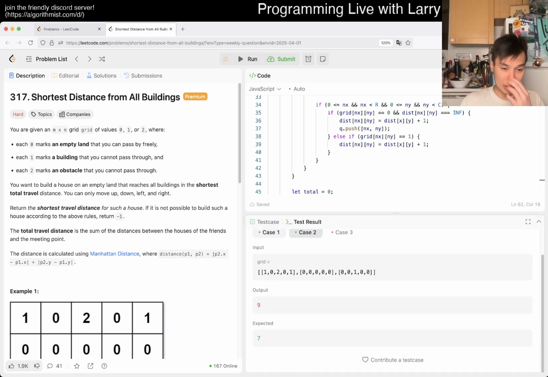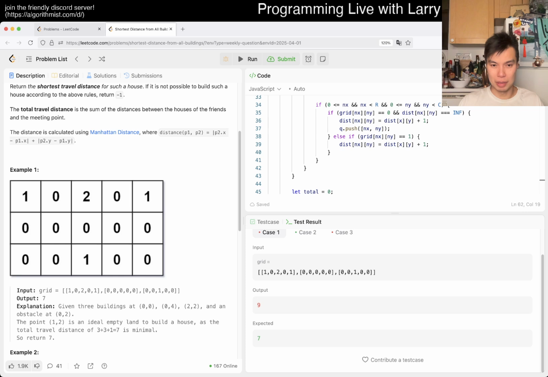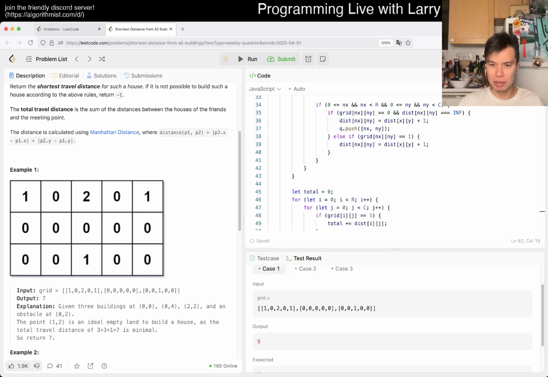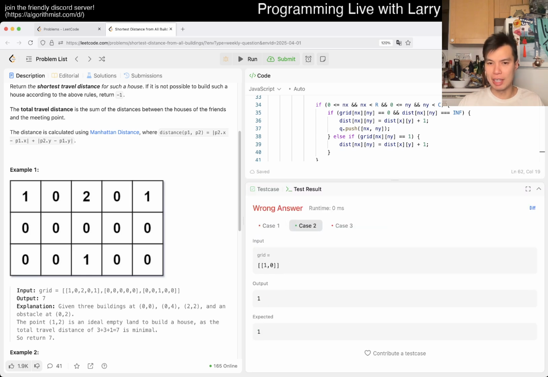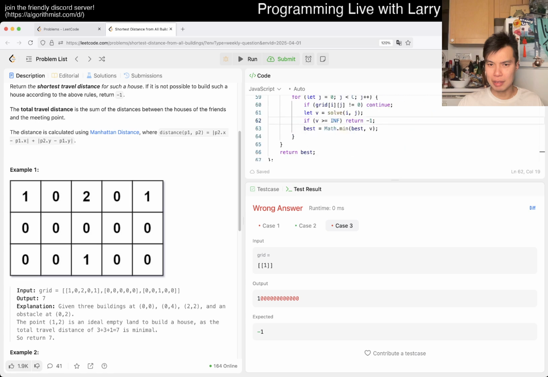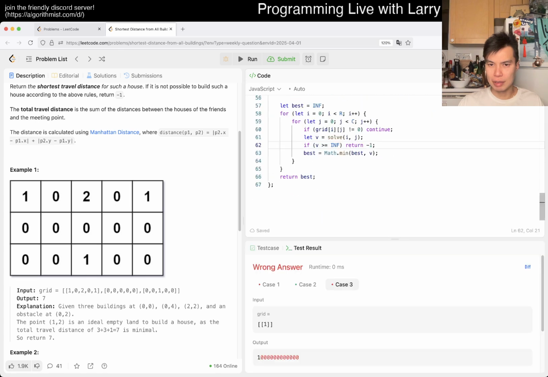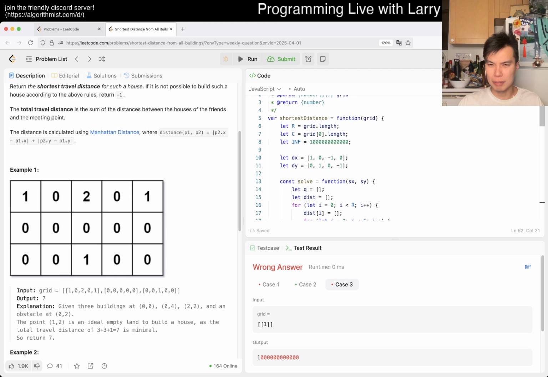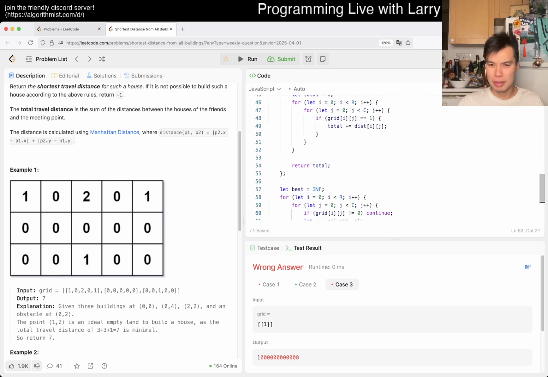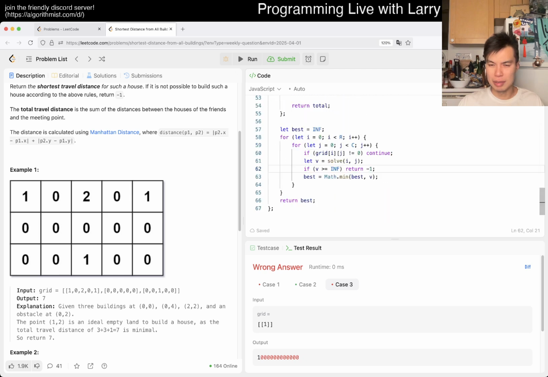Nine. It may be that I don't know what the right answer should be, but 9 is worse than the right answer, so that's not good, right? Because if my interpretation is wrong, I should at least, in the worst case, get, oh yeah, I forgot to. Wait, did I not do this? Why is it returning infinity or some big number if it's right?